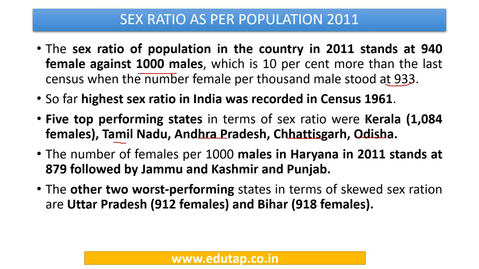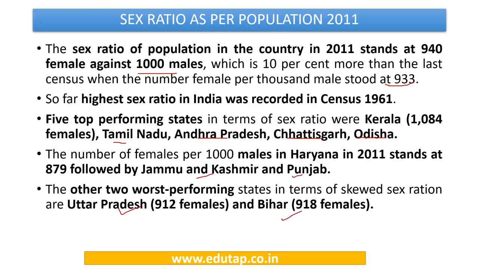Among the low performing states, the list is dominated by Haryana, followed by Jammu and Kashmir and Punjab. These are the states with the lowest levels of sex ratio in the country. The other two worst performing states in terms of skewed sex ratio were Uttar Pradesh and Bihar.